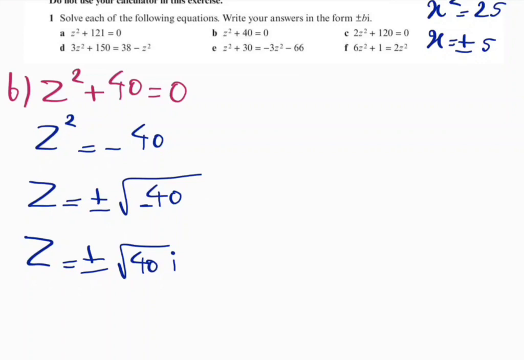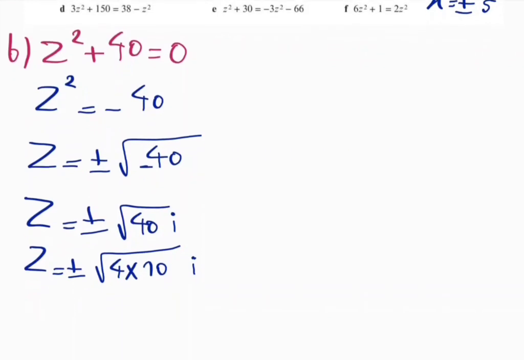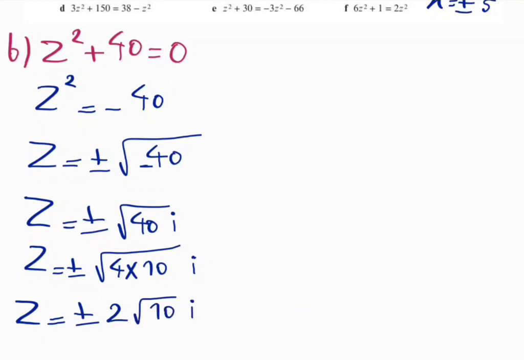Now the thing here is that we can write 40 as 4 times 10i, and because the square root of 4 is 2, we can have plus or minus 2 root 10i.